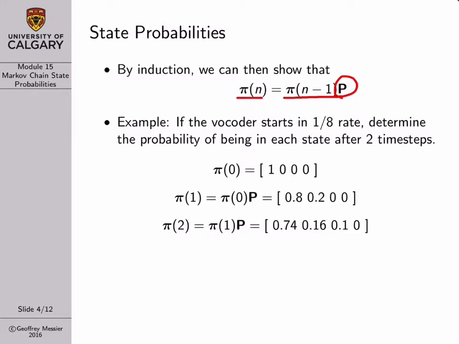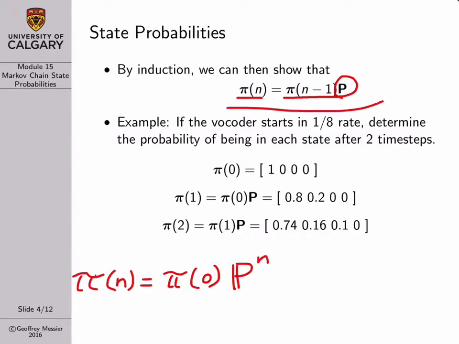Another thing that we can write is that the state probability vector at time n is equal to our initial state probability vector multiplied by P to the n, which is basically just another way of expressing this equation.